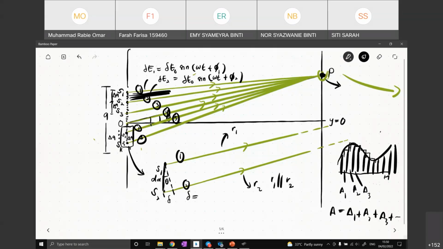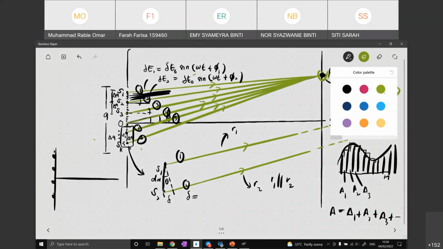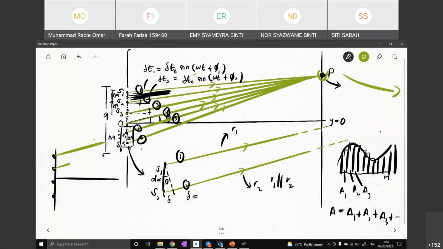So the angle from here to here, and then if I draw another line here, the angle from here to here, and over here, they are approximately the same. Let's say if I draw another one over here, this is my light source, and this is my principal axis. The light ray is extending from here to here. So I'm zooming into this, and I put them over here.